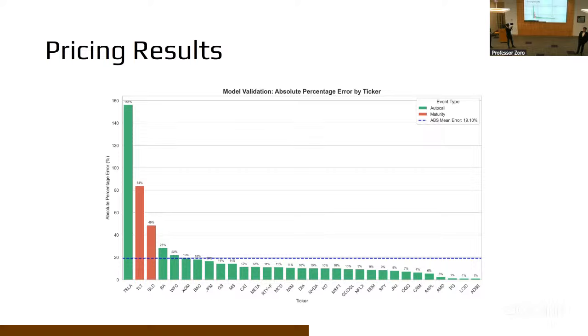Something I want to highlight is that, as you can see in red, there are the contracts for the tickers that actually matured, which means that we went back and ran things in parallel with our Monte Carlo and saw what actually happened, to be able to tell, if I have an observation date coming in one month, what is the probability that it is going to generate a payoff?